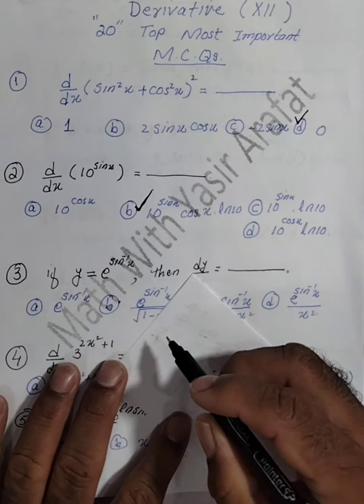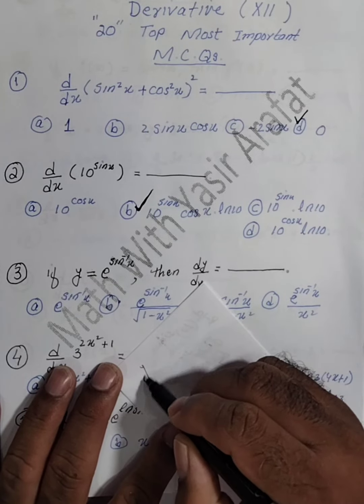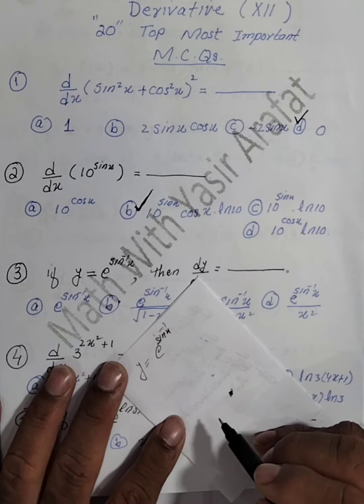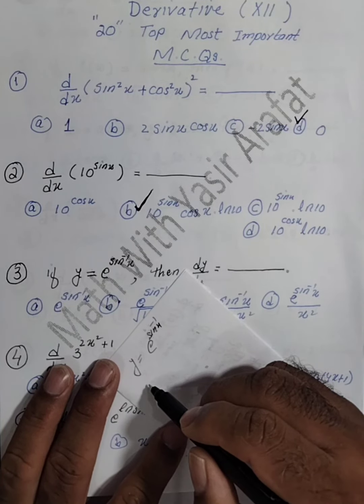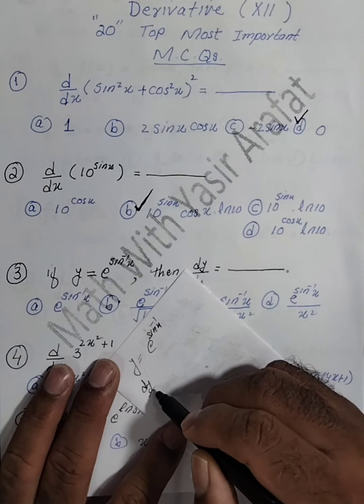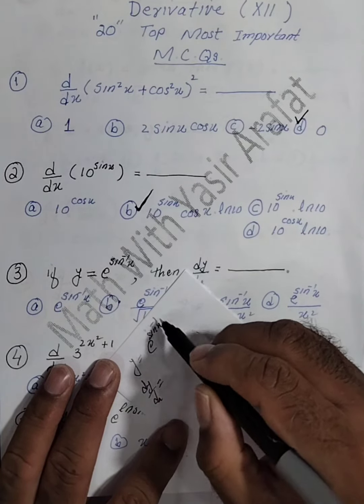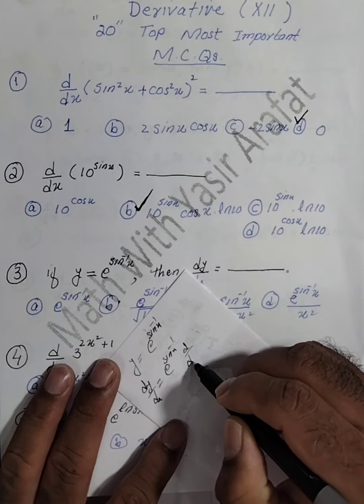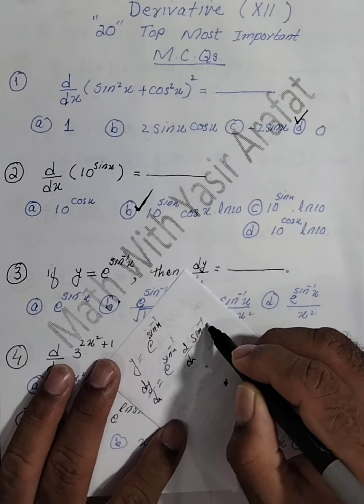The third MCQ is e power y is equal to e power sine inverse x. So when we have to find the derivative, this is dy upon dx. The derivative of e power anything remains the same, and then we have to find the derivative of sine inverse x.